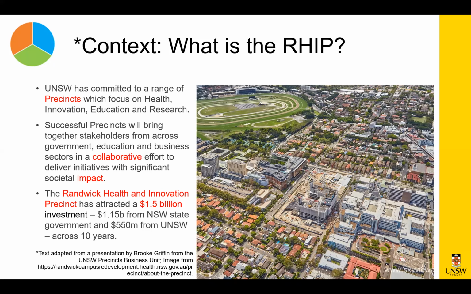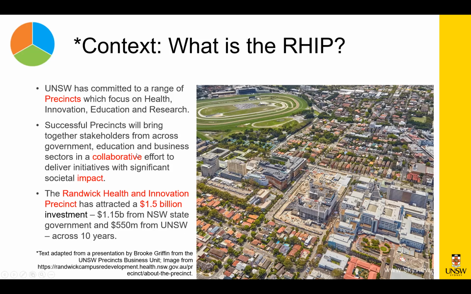The university overall is committed to a number of different precincts, which are focusing on health innovation, teaching and research. The intent of precincts is to bring together stakeholders from government, the private sector, and the education sector to collaborate around initiatives that are going to have significant societal, social, and research impact.